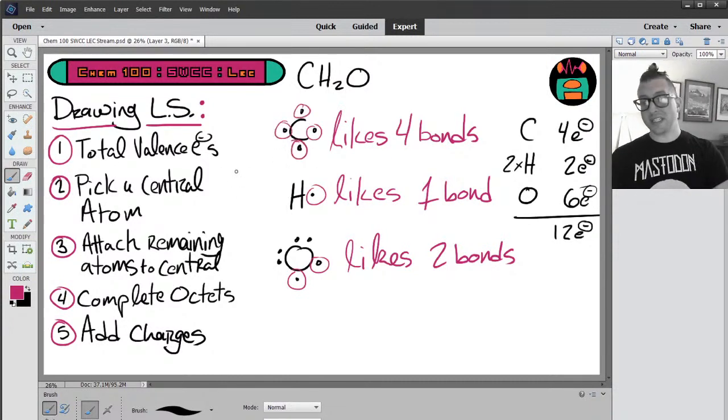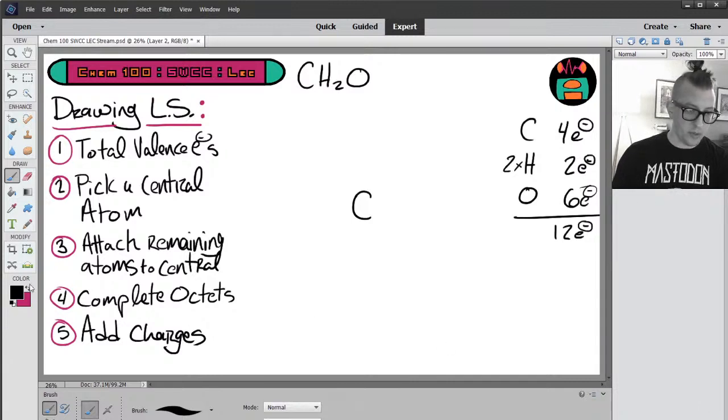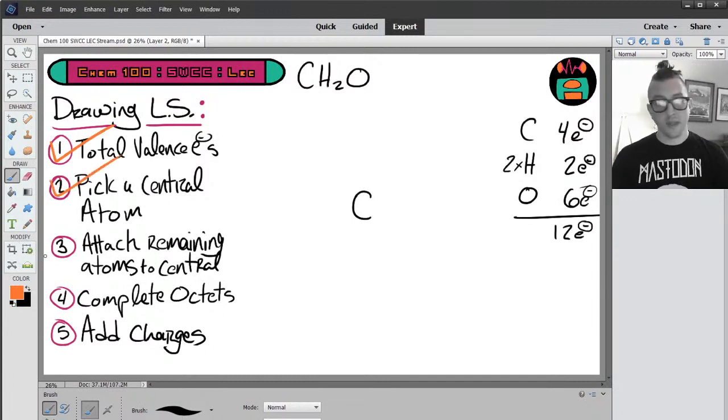So we're going to select carbon for our central atom because it likes to make the greatest number of bonds. All right, so we're going to put carbon in the center. Sorry, that's step number 2. We've picked our central atom.